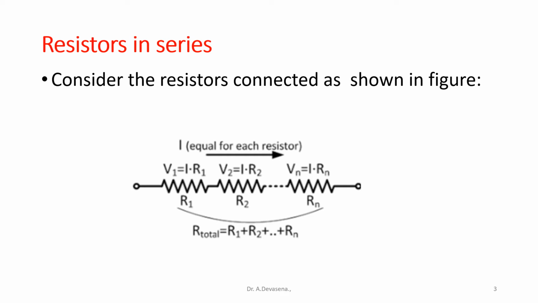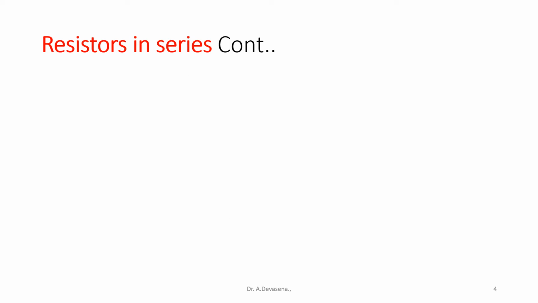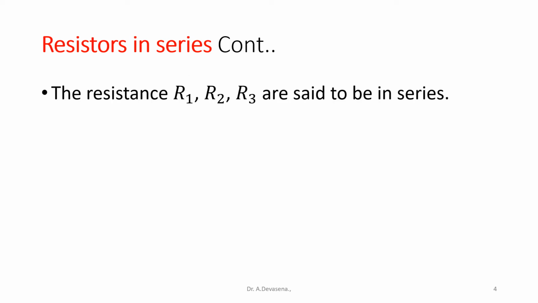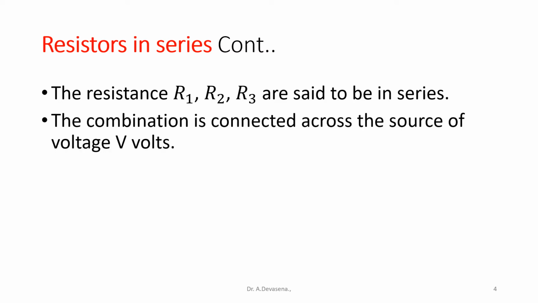But the voltage drop across these resistors varies, depends on the resistance values. This is indicated in this diagram. The resistance R1, R2 and R3 are said to be in series.